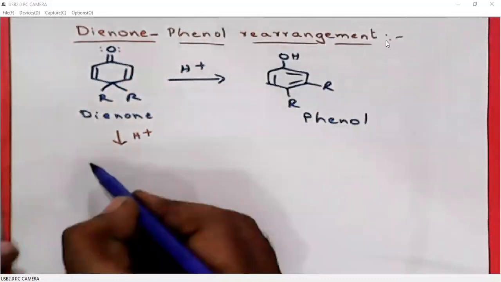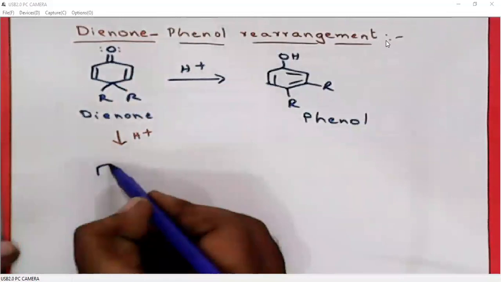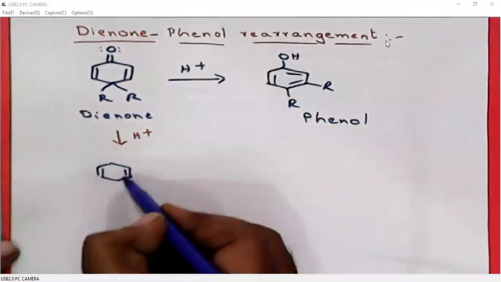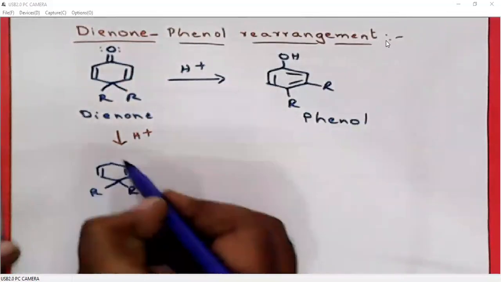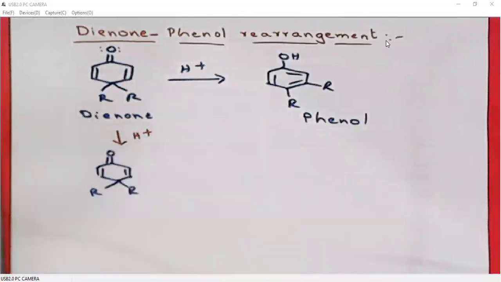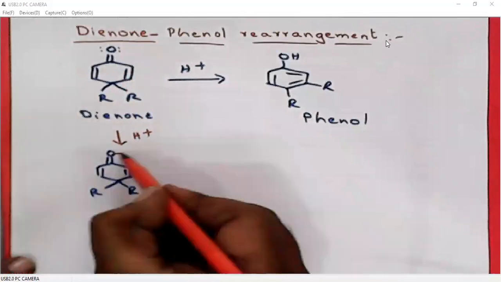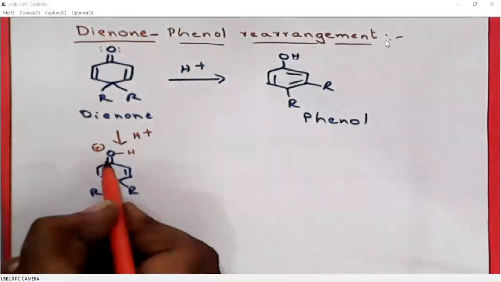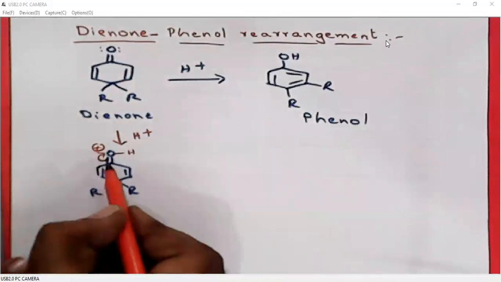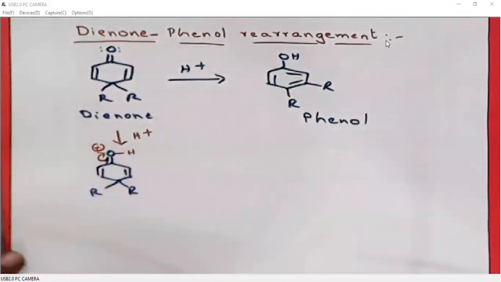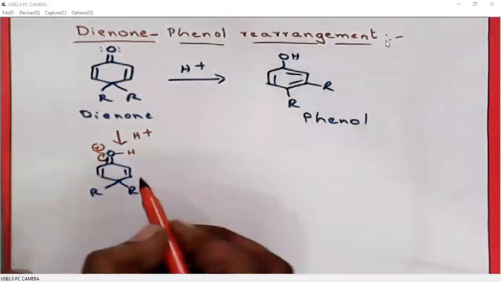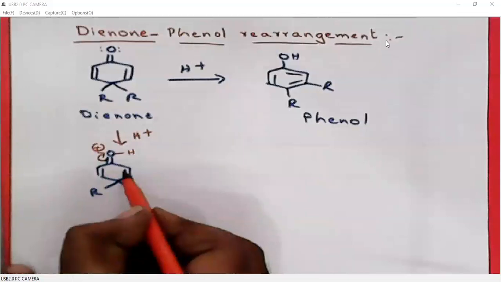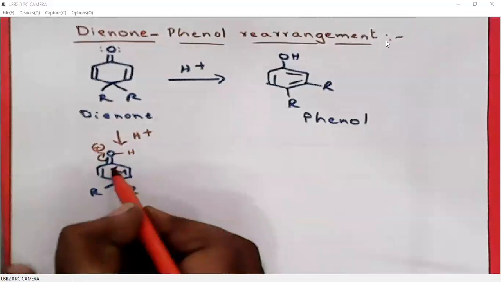When it is undergoing protonation, the carbon oxygen double bond can be polarized towards oxygen so that oxygen gets neutralized. Then this double bond, because it is in conjugation, can be polarized like this.